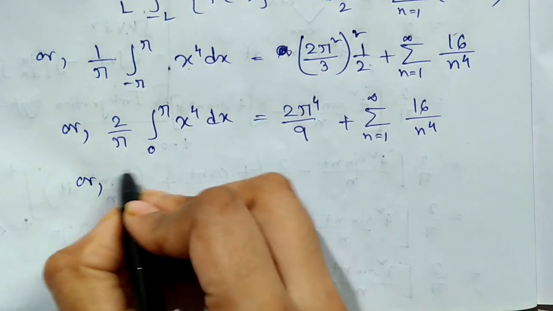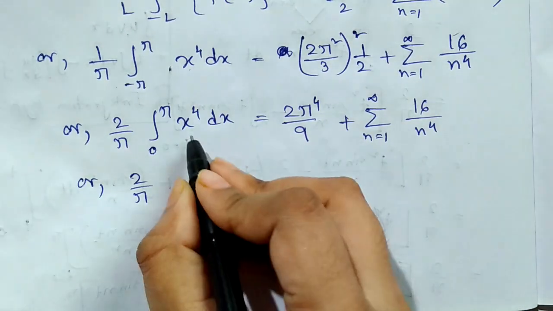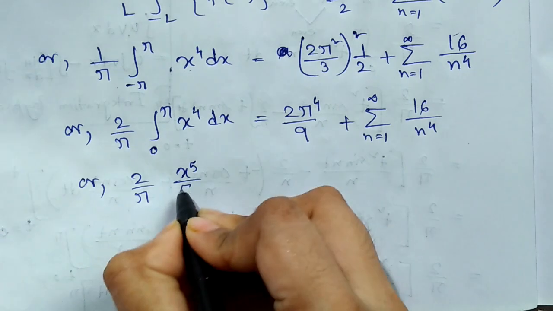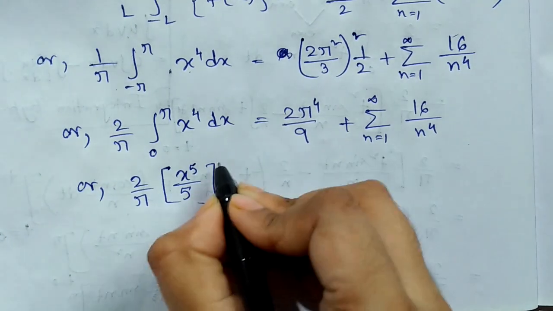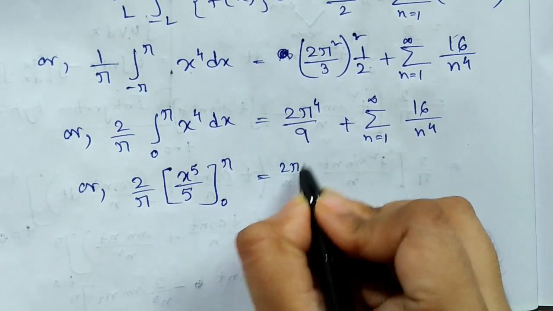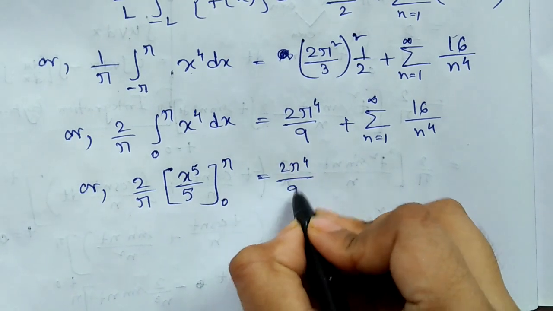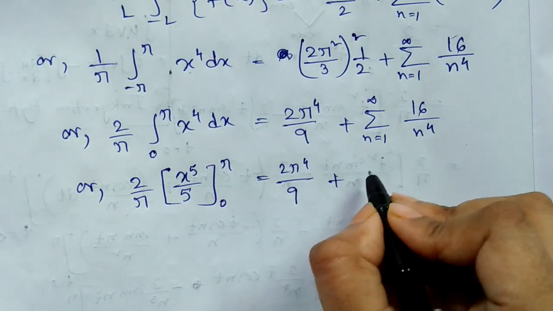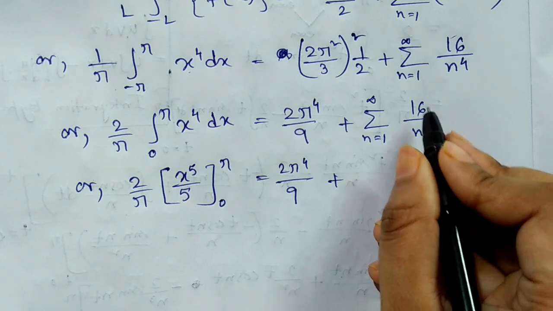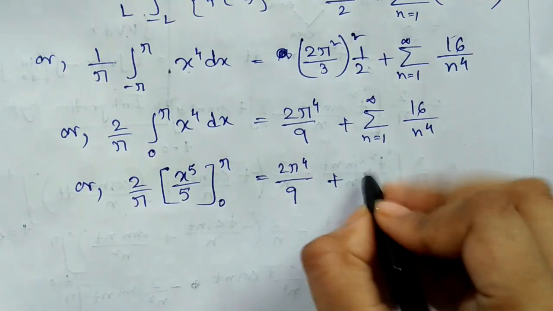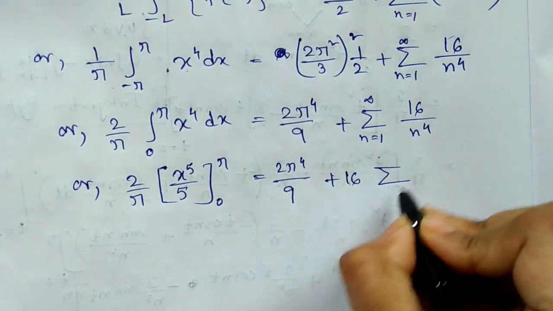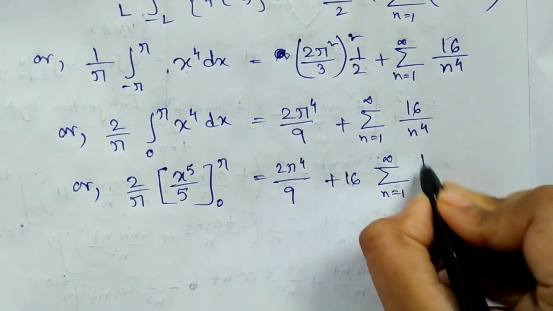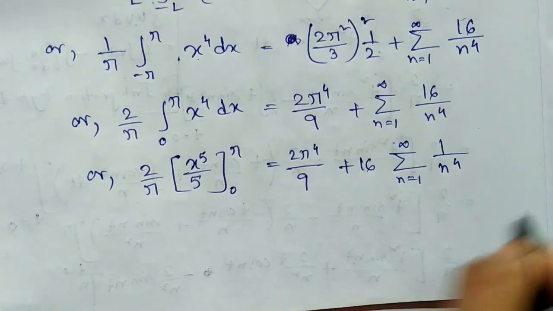So we get 2 by pi x to the power 5 by 5 from 0 to pi equal to 2 pi to the power 4 by 9 plus, now we can write 16 outside of this sum, n equal to 1 to infinity 1 by n to the power 4.